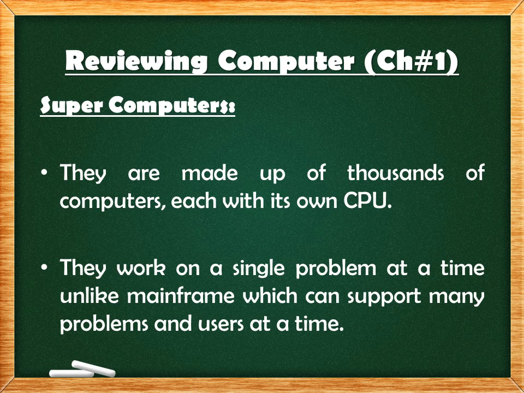If I gave you a maths question and also asked you to solve a computer question, it is not possible for a human brain to perform two questions at the same time. So our brain also works like a supercomputer. But a mainframe can deal with many problems at the same time. Both of them are used.